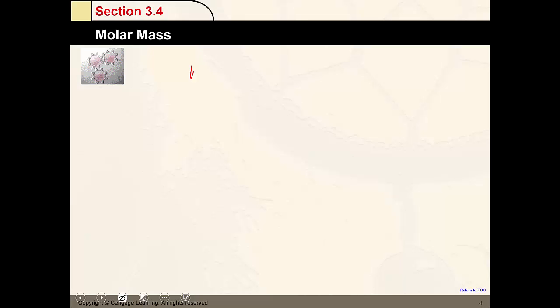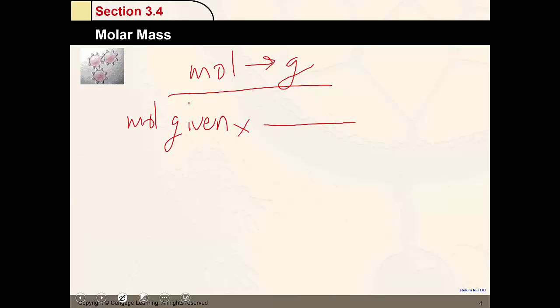So let's say here I wanted to convert from moles to grams. In general, you take the moles given, and if I want to convert to grams at the end, the grams of what's given to me. So if I want to convert to this mass, I have to multiply by the molar mass.